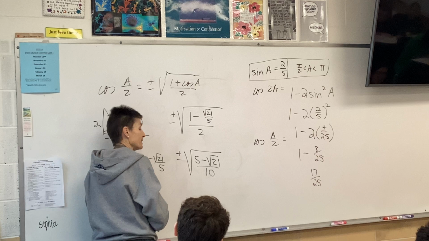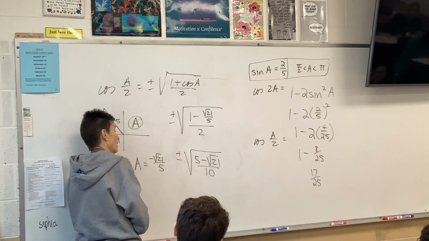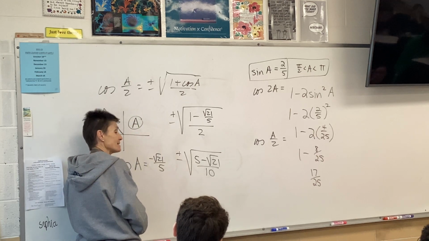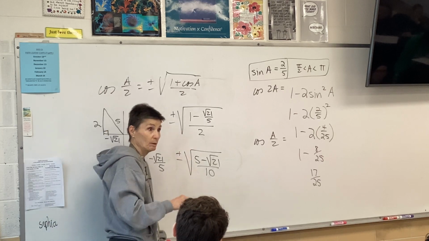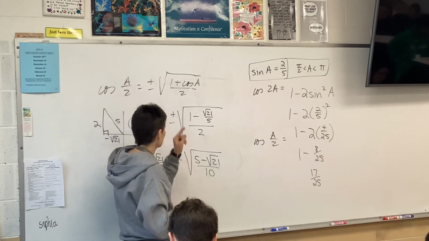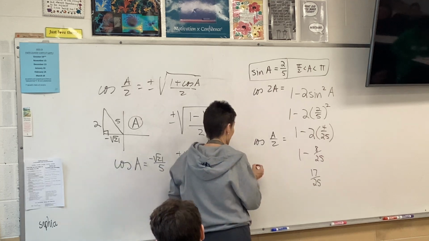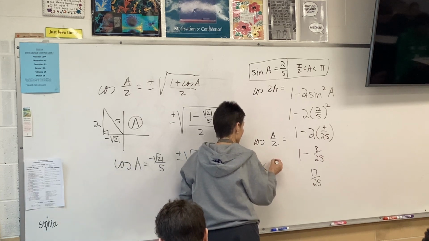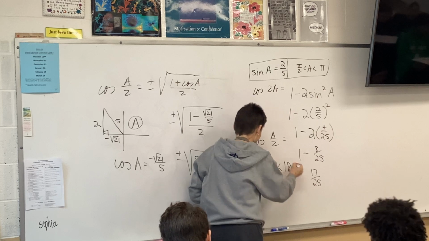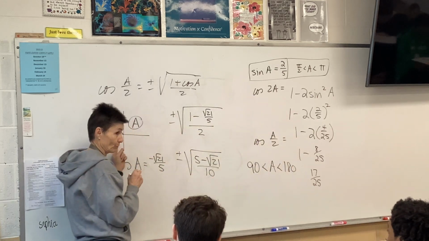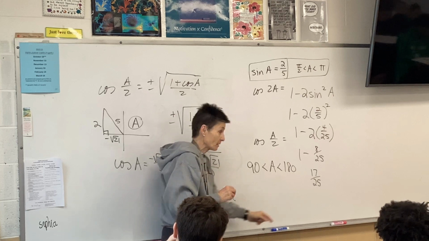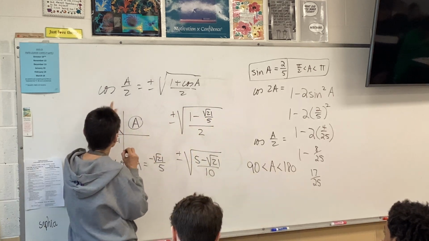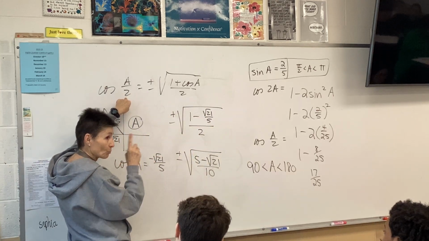That's a mess to clean up. That would be a mess. What is the last thing I do have to do? Figure out if it's plus or minus. So I want you to go back to the given and understand that the original angle, the one that I drew, is between 90 and 180. But the question is not about the original angle.